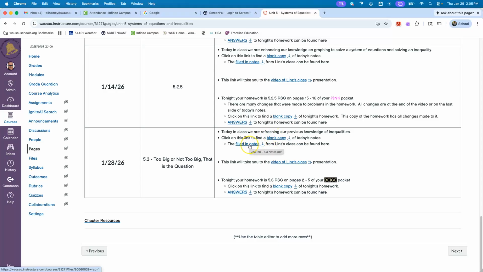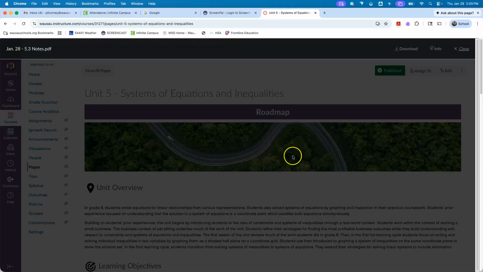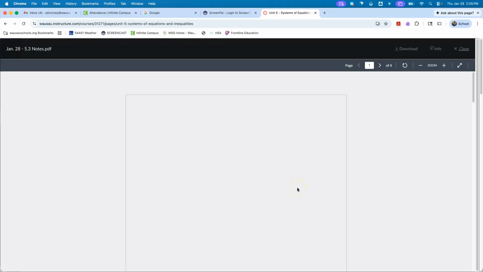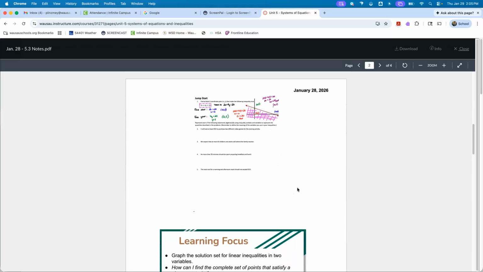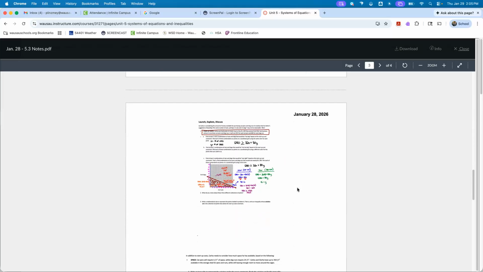You've got a filled-in copy of the notes, meaning that I send as a PDF my screen from the notebook that I use. I post that online so you can have all of the notes and things that we talked about in class that day if you missed it.